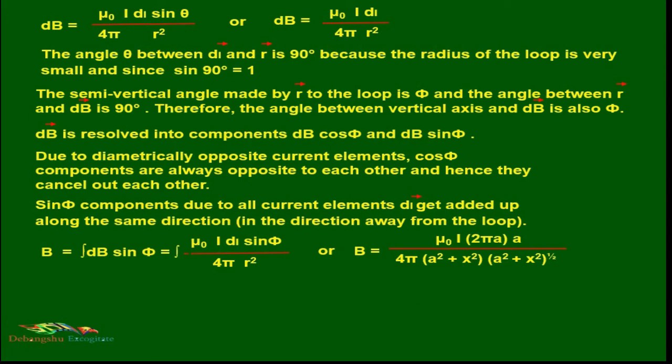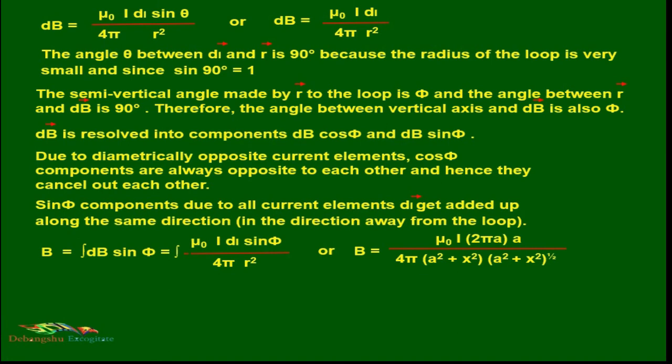So by integrating you get mu naught I 2 pi a divided by 4 pi, into a square plus x square to the power half. This a by a square plus x square to the power half is the value of sin phi. Now I was talking about the limit. Here the limit is actually the entire loop, the length of the loop, that means 2 pi a, the perimeter.